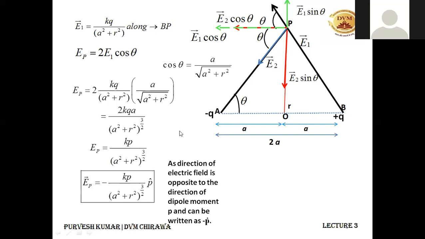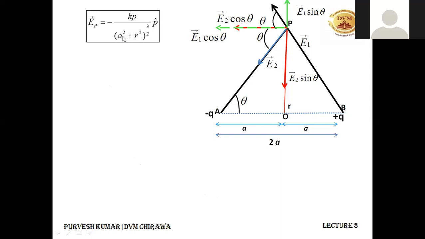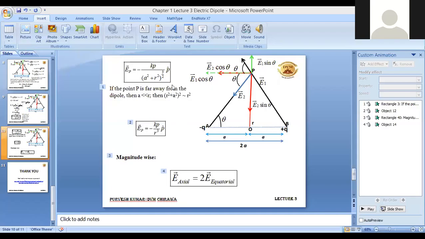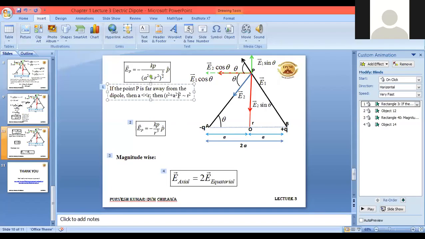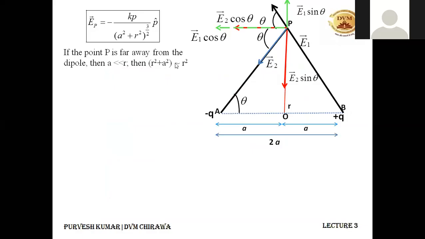All right. Now, very quickly, if this A is very, very small compared to this R, then what happens? The value of this A square plus R square becomes R square only.